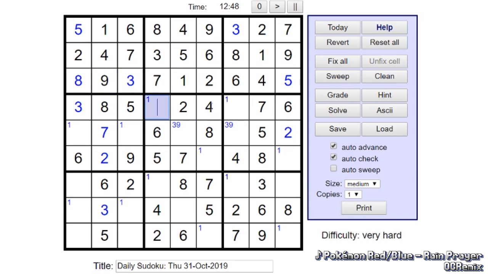So 1, 9 would go here, and 1, 9 would go here. Whoops. It would have been a 1, 3, and this is also a 1, 3. One 4 would go here. Okay. But now 3 can't go here, so that's a 9. Here's a 3. We solve this. It's a 9, 1, 9, 3.